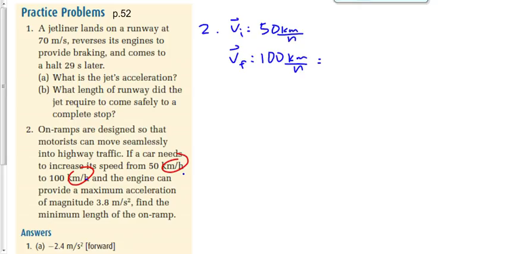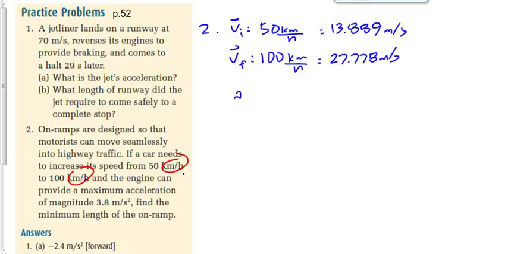I think 100 multiplied by 1,000 divided by 3,600 is 27.778 meters per second. And I think this one was 13.888. We're multiplying by 1,000 to convert kilometers to meters, and then we're dividing by 3,600 to convert hours to seconds. And this is what we get.